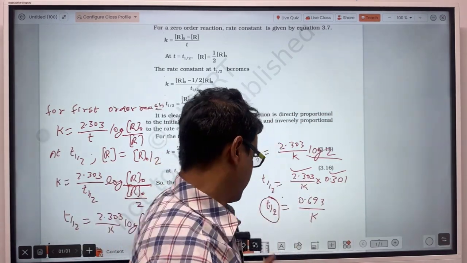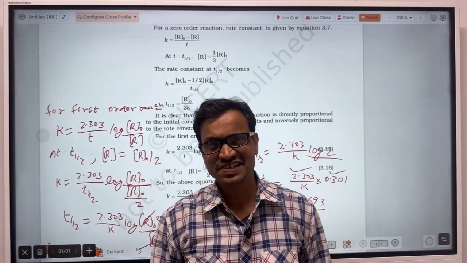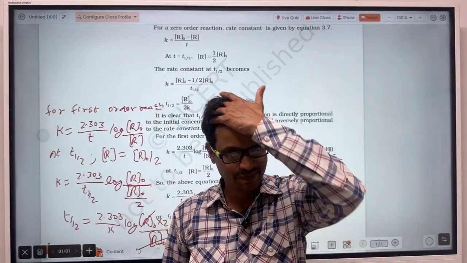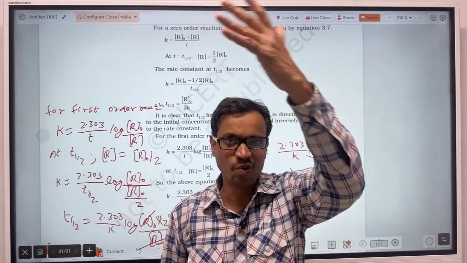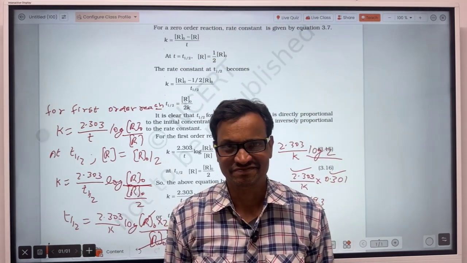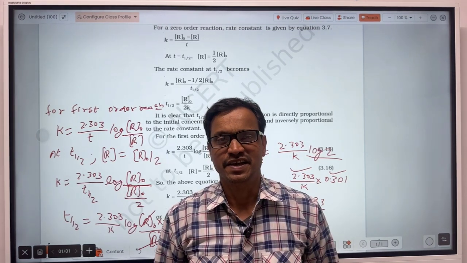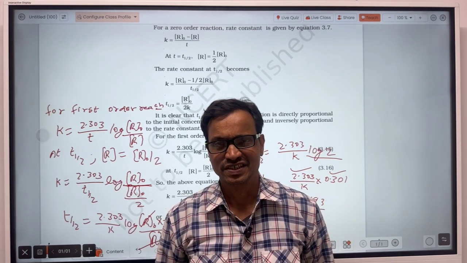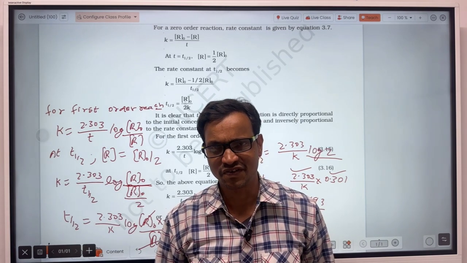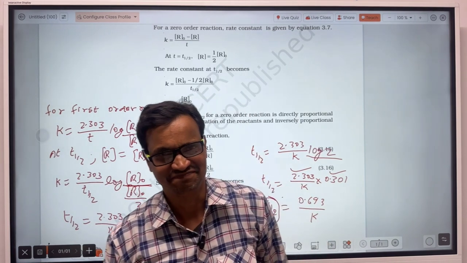But in case of first order reaction, whether the initial concentration of reactant is less or more, the half-life period will not depend on that.